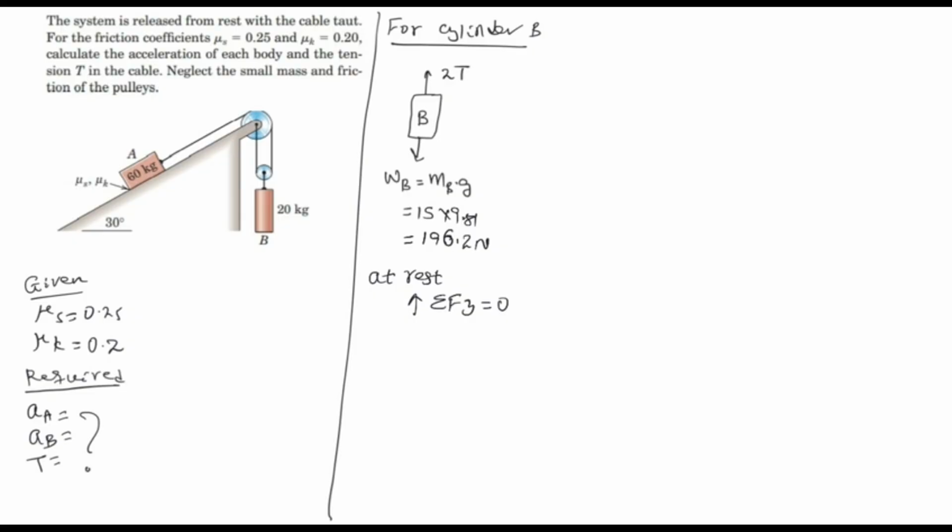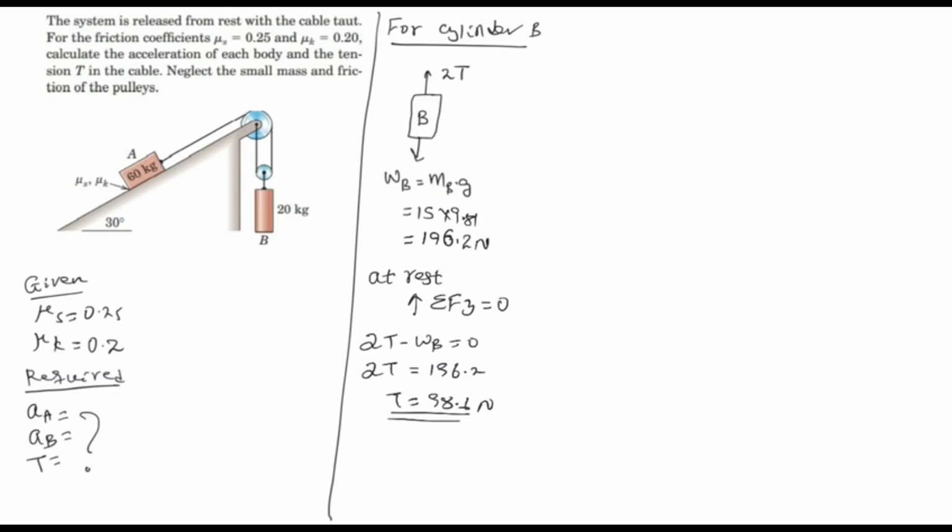So this implies that 2T minus weight of B will become 0, and if you substitute the numerical value, 2T is equal to 196.2 and tension will be 98.1 Newton. So this is the equivalent tension when the system is at rest.